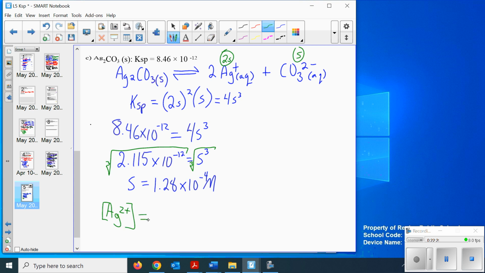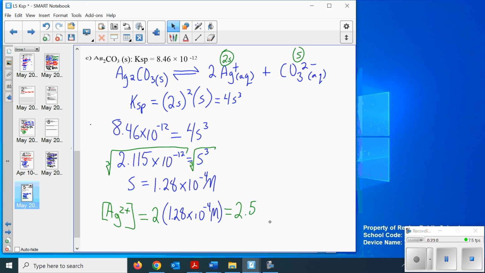Up here, we said that the concentration of Ag plus is given by 2 times the solute, so I'm going to go 2 times that S, whereas the carbonate is a single S. So Ag plus is 2 times 1.28 times 10 to the minus 4, which is equal to 2.56 times 10 to the minus 4 moles per liter.